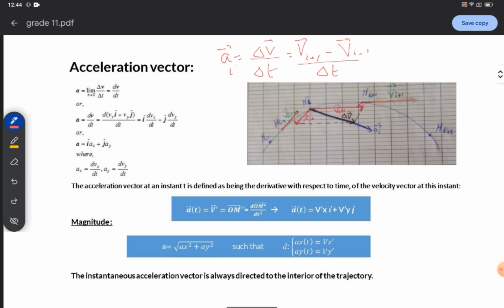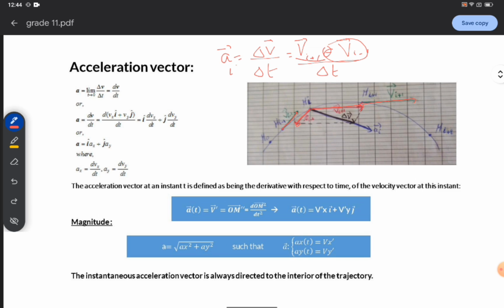We represent vi plus 1 at Mi. So we translate vi plus 1 from Mi plus 1 to Mi. We translate parallel and of same direction. Minus vi minus 1, so we translate this vector parallel but in opposite direction since we have minus.